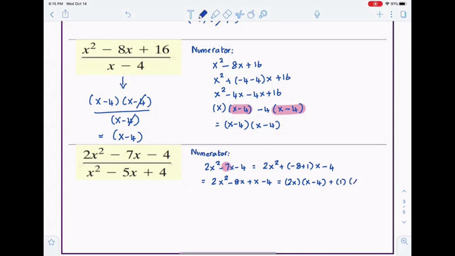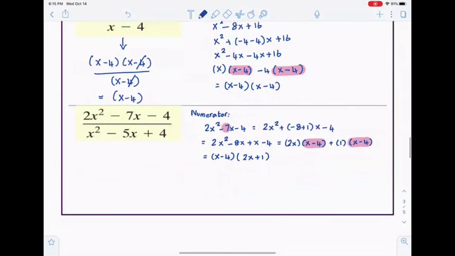So if I pull that out, I would simply have x minus 4. Now, I have x minus 4 in common. So if I pull that out, I'll be left with 2x in the first term and 1 in the second term. And that is the numerator.